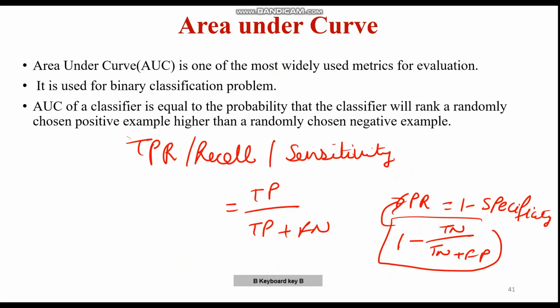Now as we have got the basic idea of this, let's understand how to draw this curve. On the x-axis we have FPR, and on the y-axis we have TPR, that is false positive rate and true positive rate. And here we get a curve. This curve is basically the receiver operating characteristic, drawn from certain values.